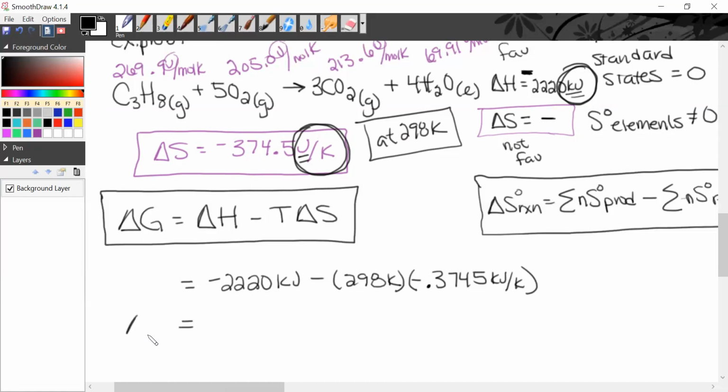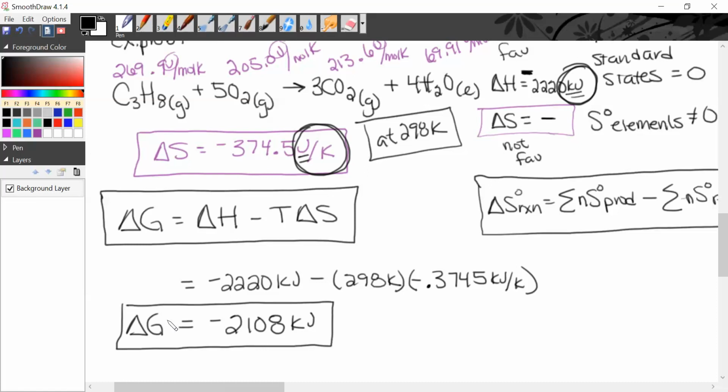So when I get a delta G for this reaction, what did I get? What did you guys get? Kevin got negative 2,108.41. We'll just go with this. Great. What does this mean?